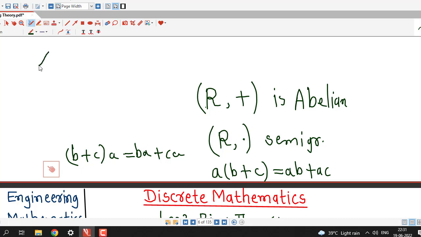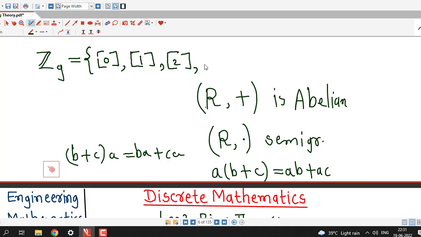Here our set R is the set of all equivalence classes generated by integers 0, 1, 2 and so on up to 8. And some authors are ignoring these brackets.